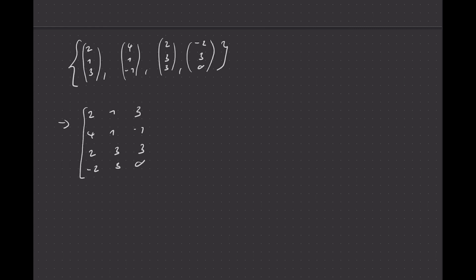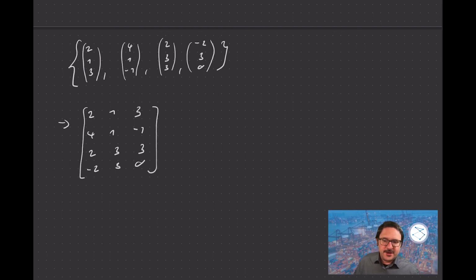And then basically, doing an elementary operation amounts to replacing one of the rows, so one of the vectors, by a linear combination of that row and some other row. And that's just the same thing that we did with the vectors. So let's do Gaussian elimination here.